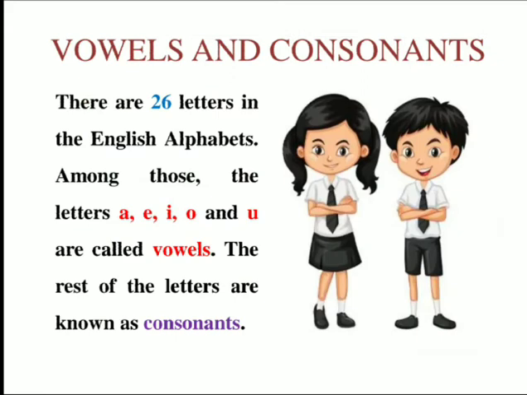And you all have a little idea about vowels and consonants. Among those 26 letters, the letters A, E, I, O and U are called vowels. And the rest of the letters are consonants.